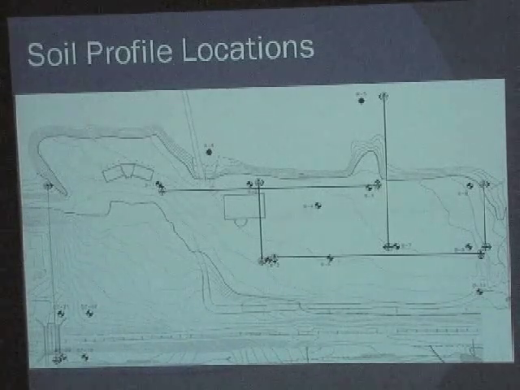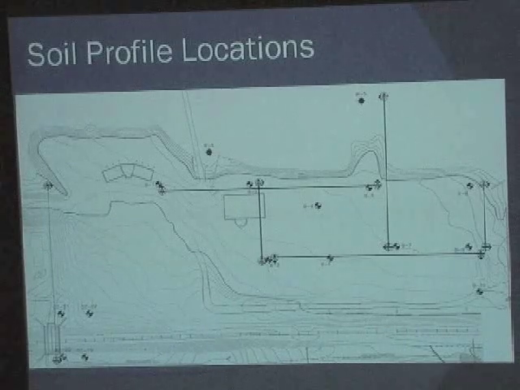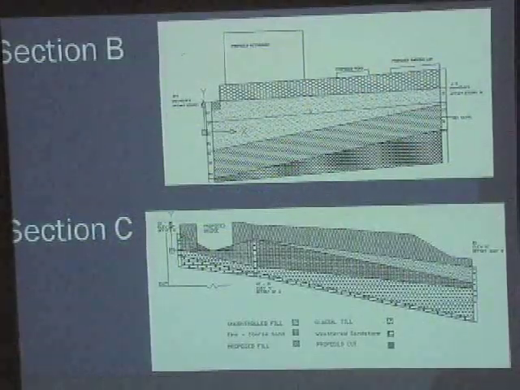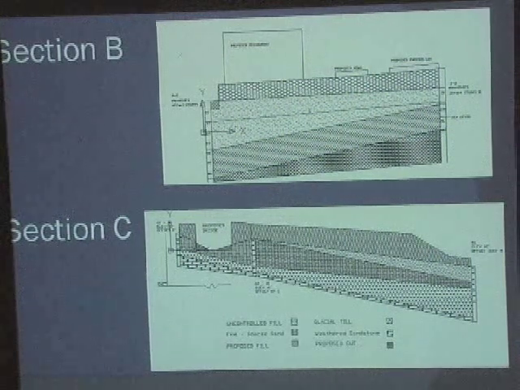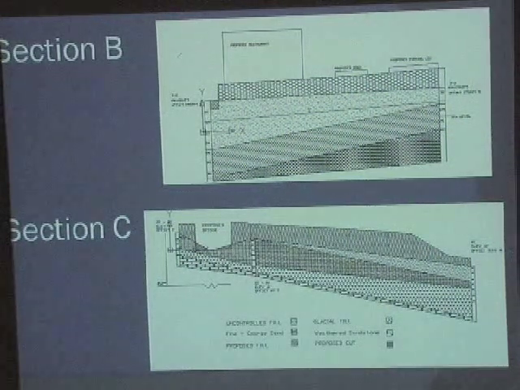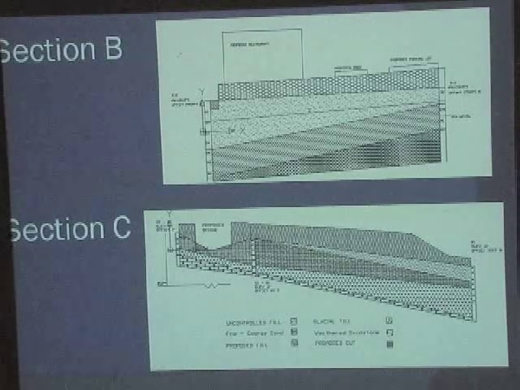The largest issue we came across with the existing soil conditions was the uncontrolled fill because it lacks uniform engineering properties. Section B shows the fill needed for the restaurant, parking, and road. And Section C shows the cut and fill required for the bridge and abutments. Now, Matt will discuss the site civil aspects of the project.